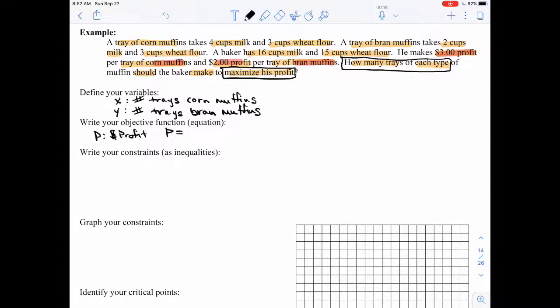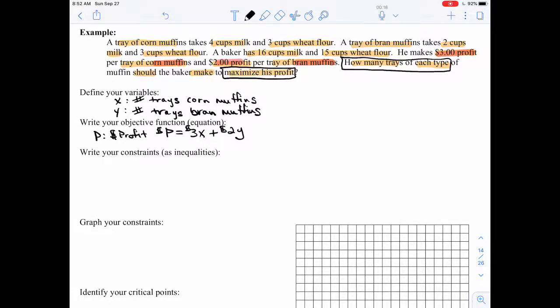So $3 times the trays of our corn muffins, x, plus $2 profit for each tray of bran muffins, which is y. We have now identified our objective function.